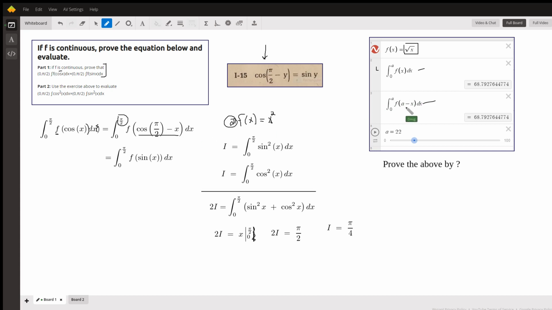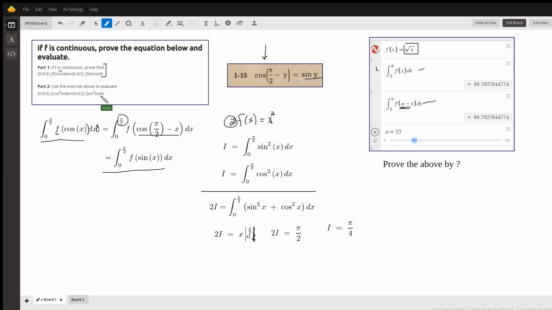That's this value right here in this identity. And the cosine of pi over 2 minus x is the sine of x using the cofunction. So we've proven part one.